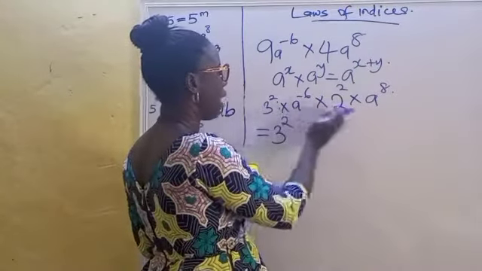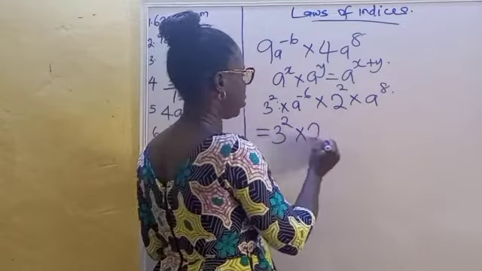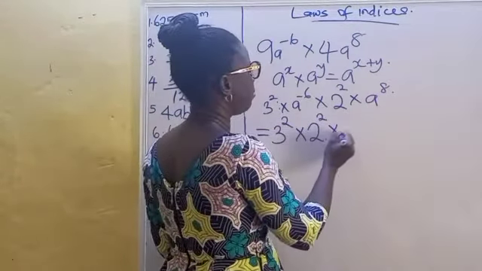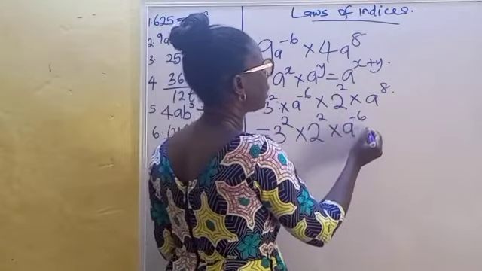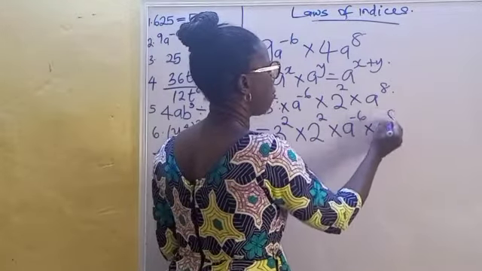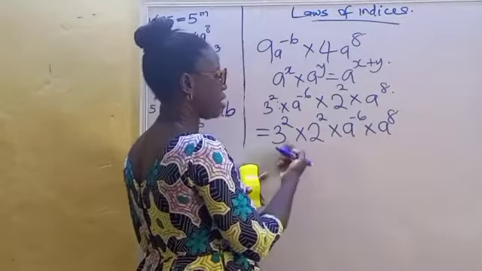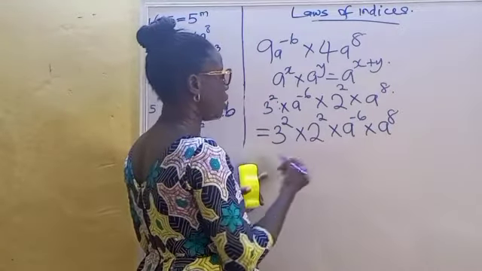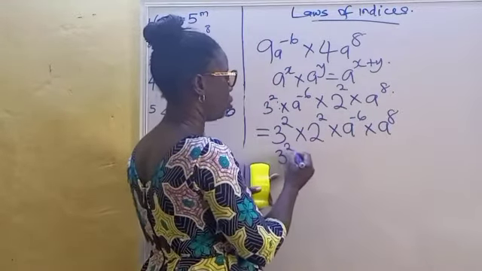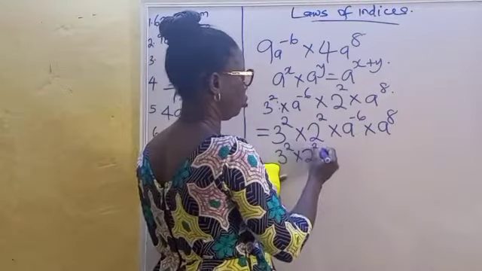Let's put like terms together: 3 to the power of 2, times 2 to the power of 2, times a to the power of minus 6 times a to the power of 8. Obviously 3 and 2 do not have the same base, so that remains as 3 to the power of 2 times 2 to the power of 2.